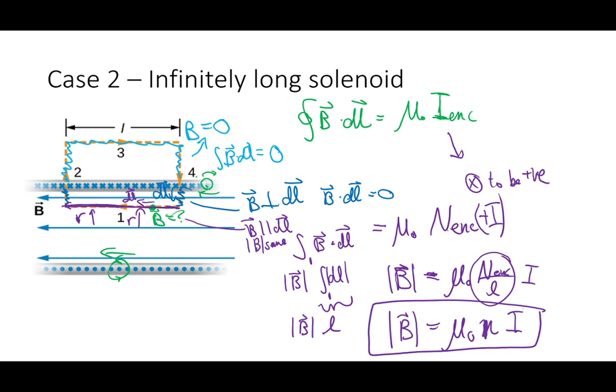Maybe it's a little faster, but the key thing that I want to highlight is this whole derivation would be exactly the same if we make the loop this big, or this big, or this big. So the magnetic field here, and here, and here would give you the exact same result.